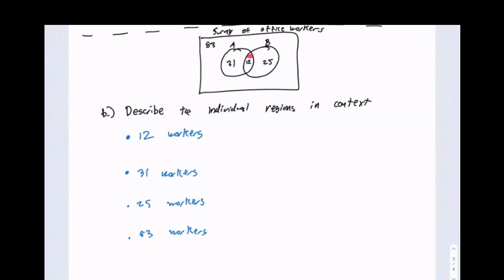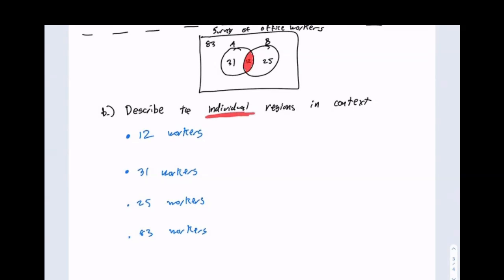So the 12 is this region here. And every time we have an individual region, that means what type of set notation are we using? What type of event relationship is this? What do we talk about if we're only talking about a single individual region?